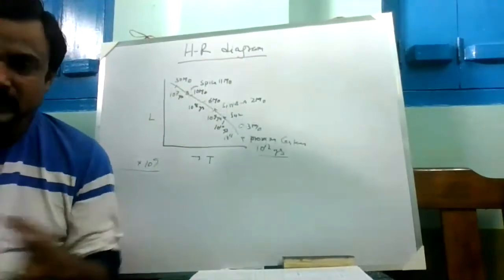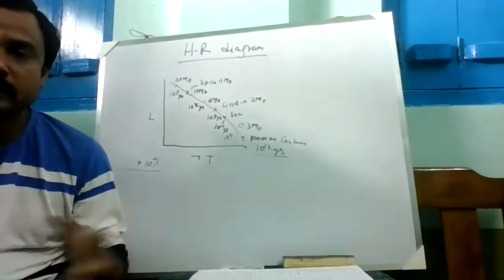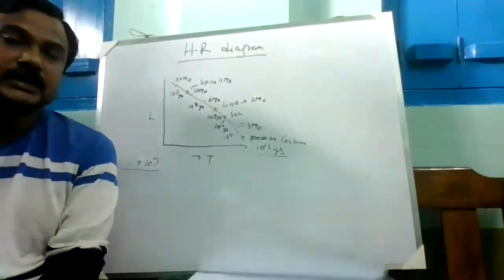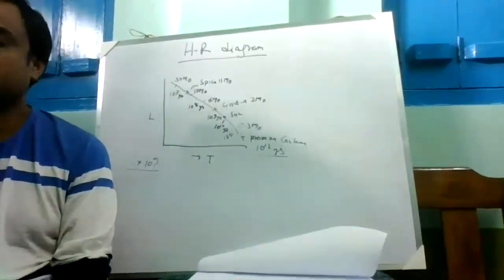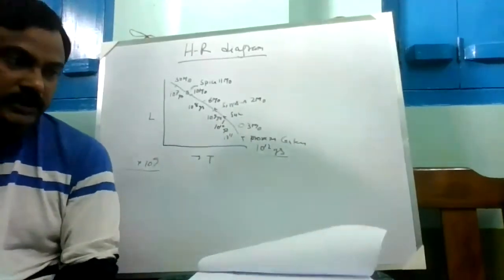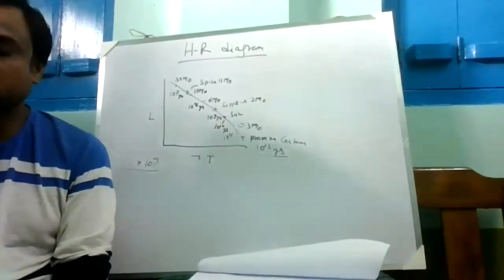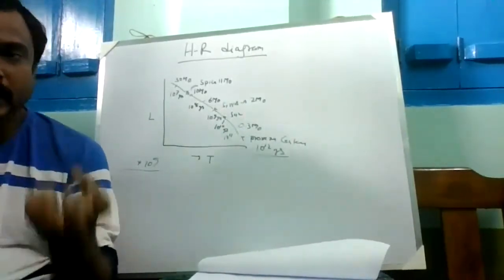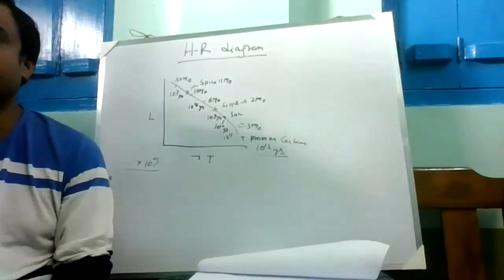Now, for more massive stars, the gravitational pull is very large. So to keep it balanced, the nuclear reaction rate has to be very high. So massive stars have the fastest nuclear fusion reaction rate, so that their fuel, hydrogen, is used up very quickly.